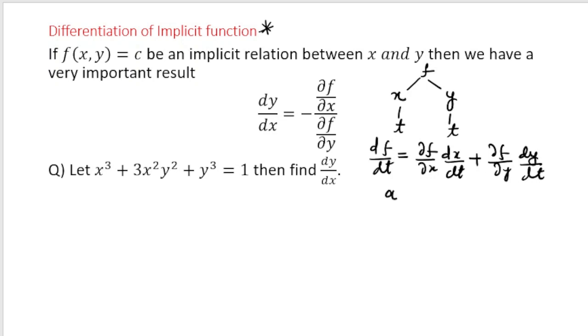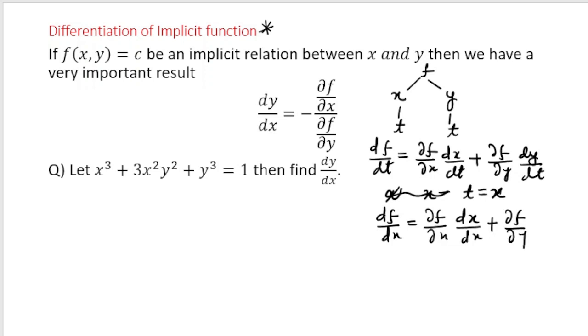In this, suppose I take t equal to x in this expression. So this expression will become df/dx = ∂f/∂x · dx/dx + ∂f/∂y · dy/dx. So dx/dx is equal to 1.